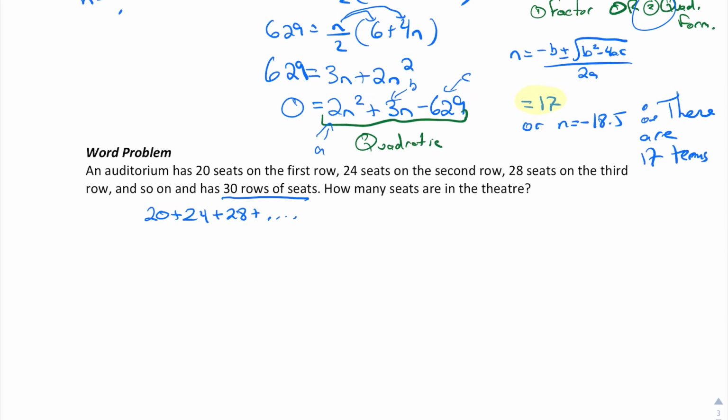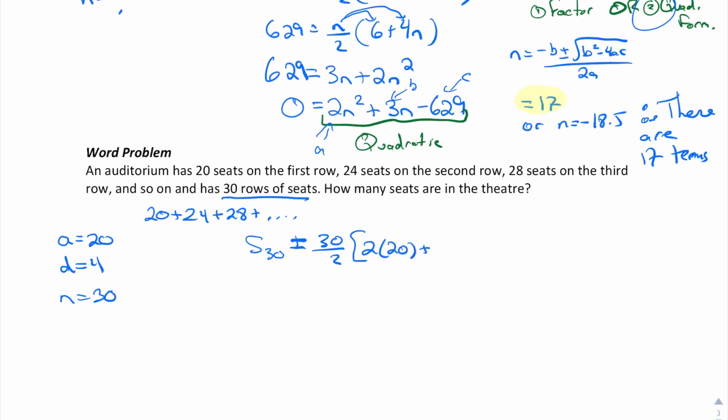So we have this pattern going on where we've got 20, next one 24, 28, all the way to 30 of those. And so basically my a value is the first row, which is 20. My difference is going up by 4, and n is 30.